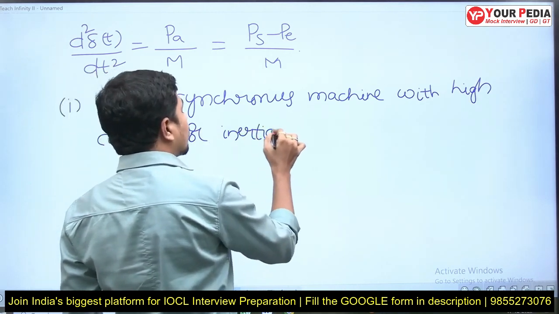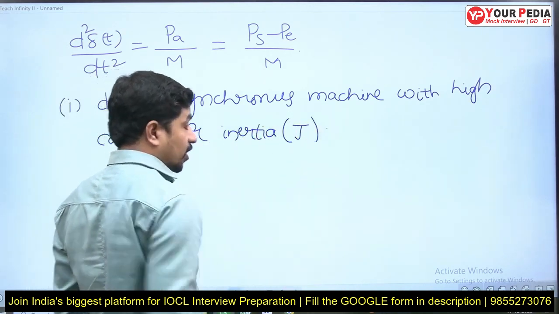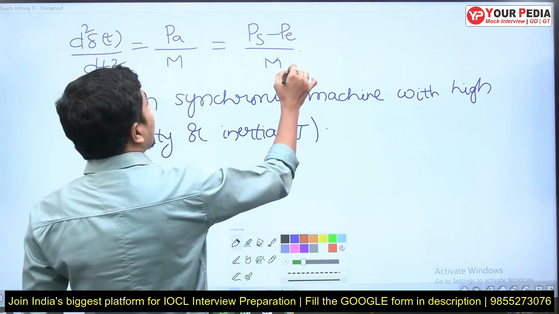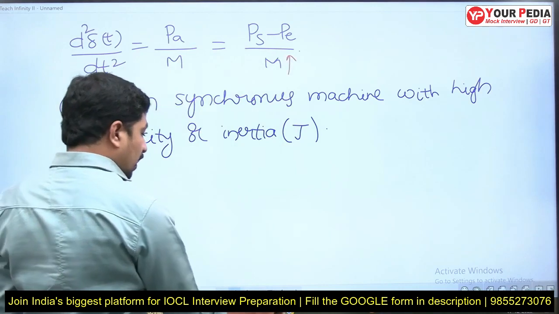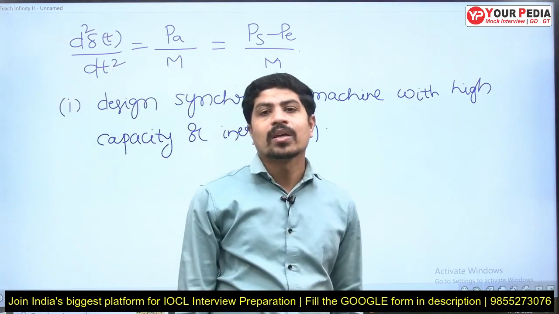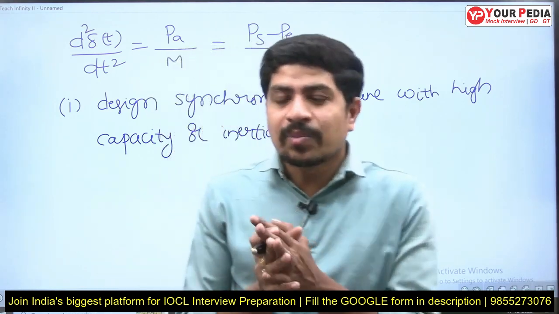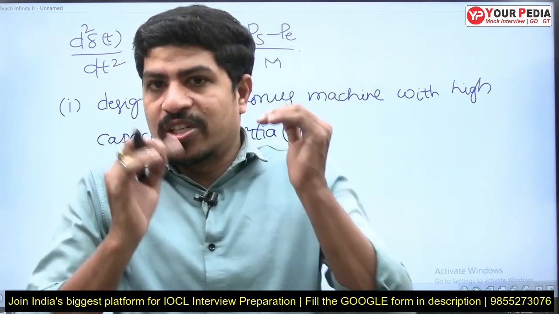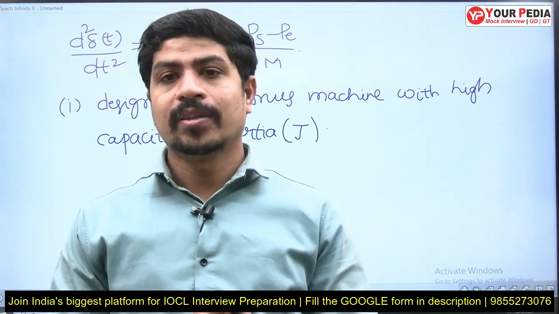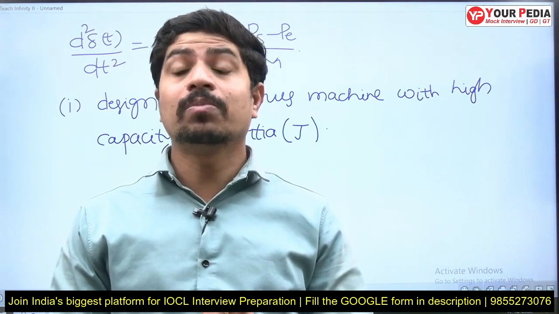What is the advantage if we design with high capacity? If the capacity is high, this M increases, and d square delta of t by dt square will decrease. For a system to be more stable, it must have fewer oscillations, or less acceleration. That is possible with high capacity.